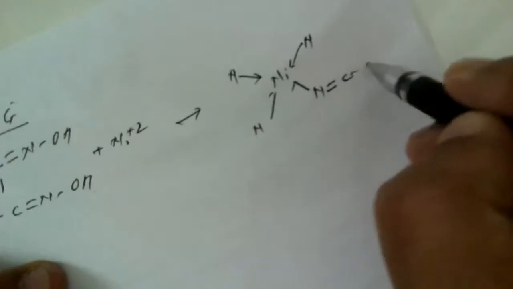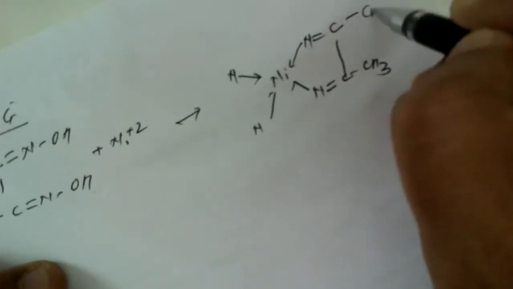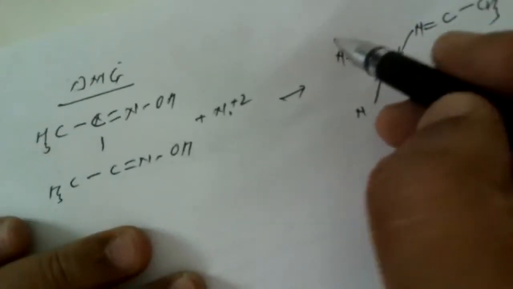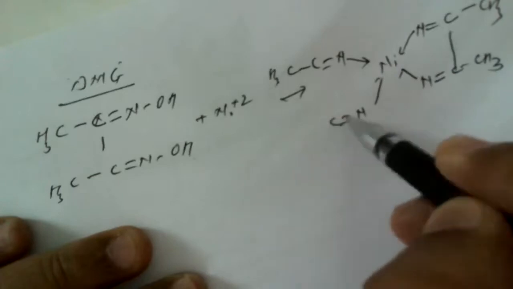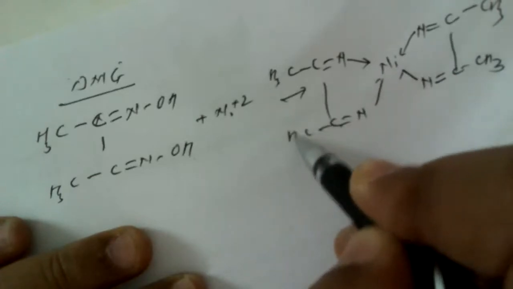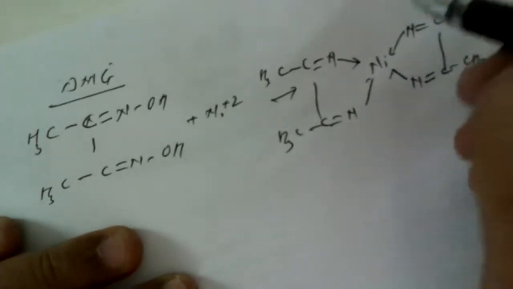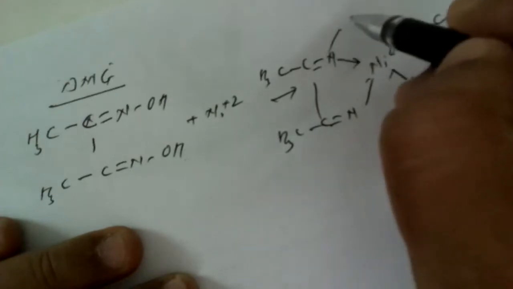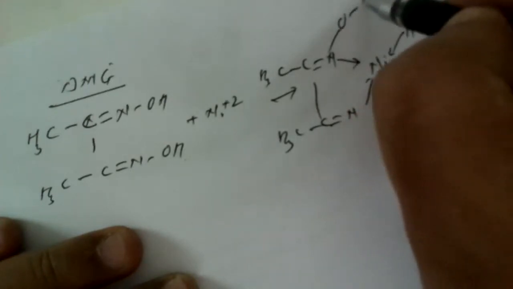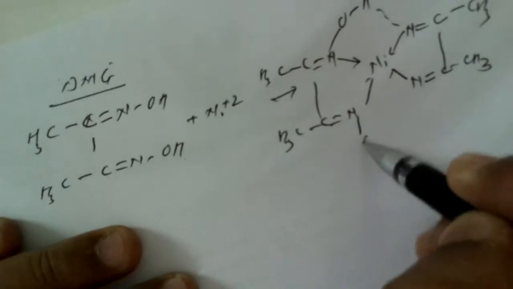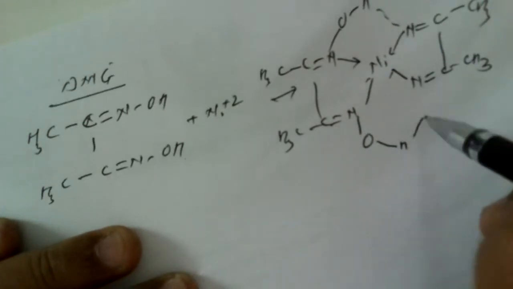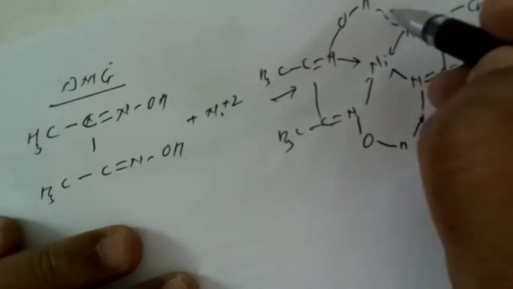C, CH3, double bond C, CH3, again double bond C, CH3, double bond C, CH3. So this is the structure of this OH, and this is again OH.